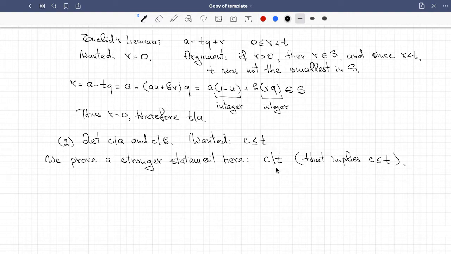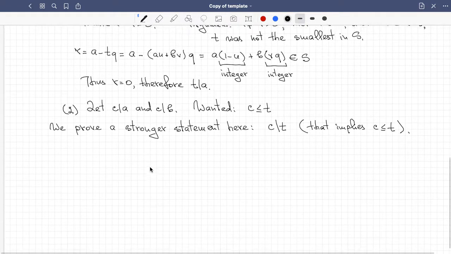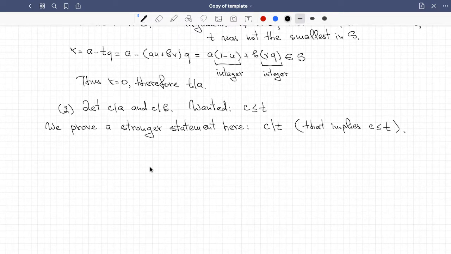But if C divides T for a positive integer T, then C is definitely smaller. Therefore, I'm speaking about a stronger statement. Let us do that.